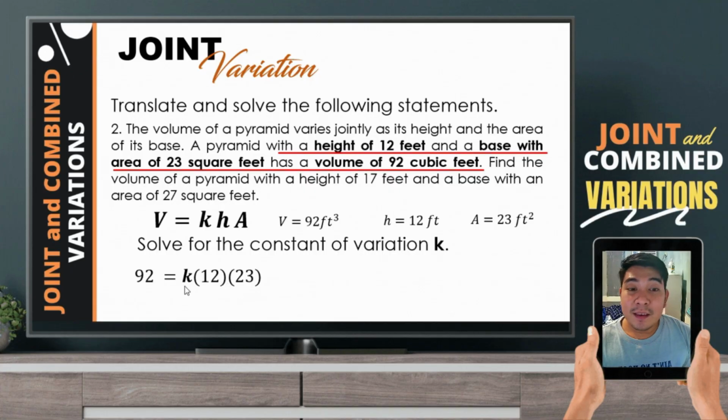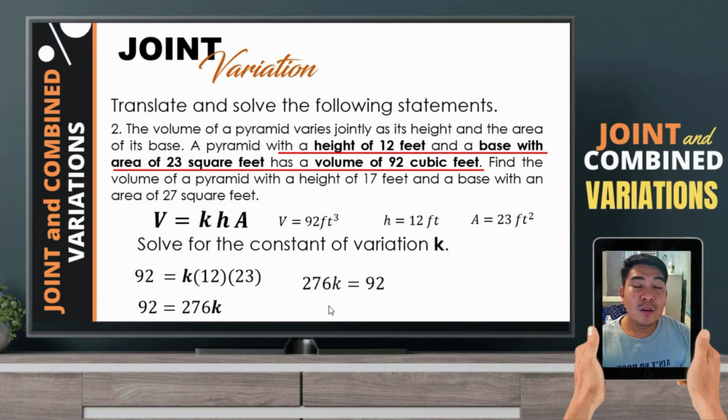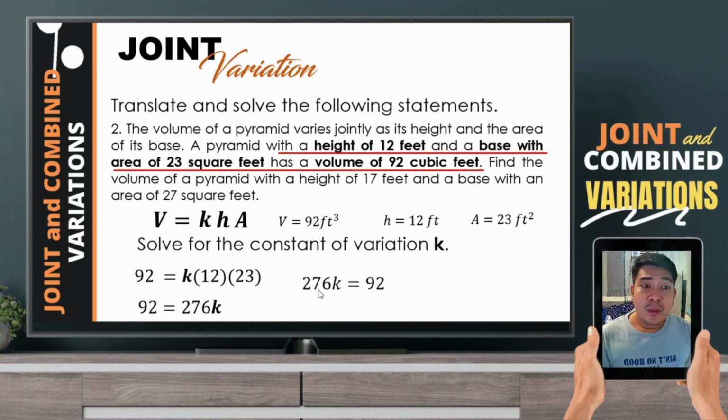We need to simplify K times 12 times 23, and that will become 92 is equal to 276K. Next, we only need the value of K, but we are given the value of 276K.